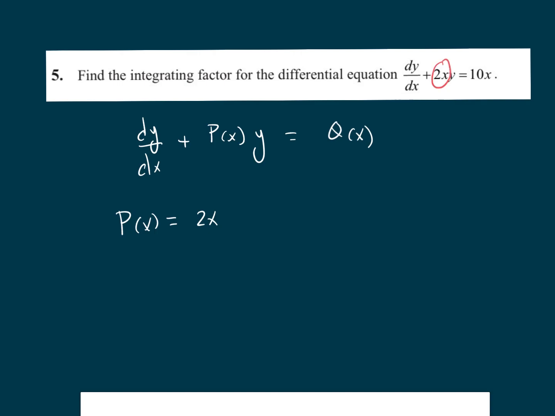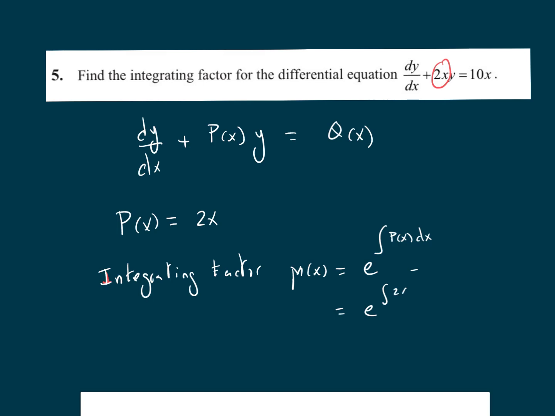And the integrating factor, or the mu of x, the function mu of x, is e to the integral of p of x dx, or equal e to the integral of 2x dx, and the integral of 2x dx is x squared.